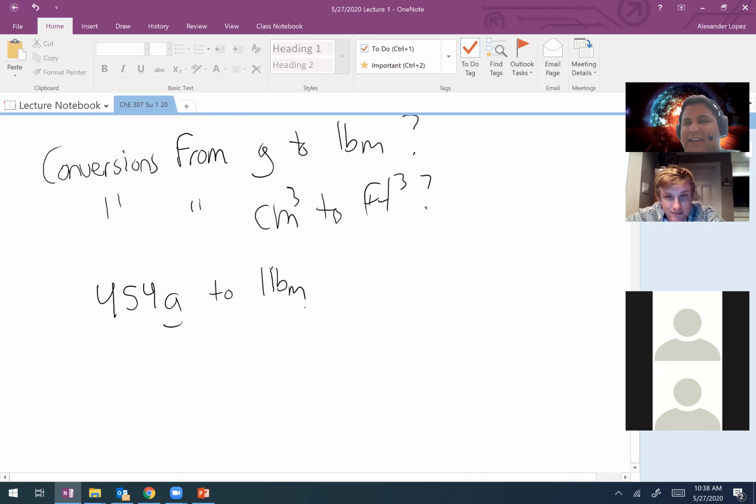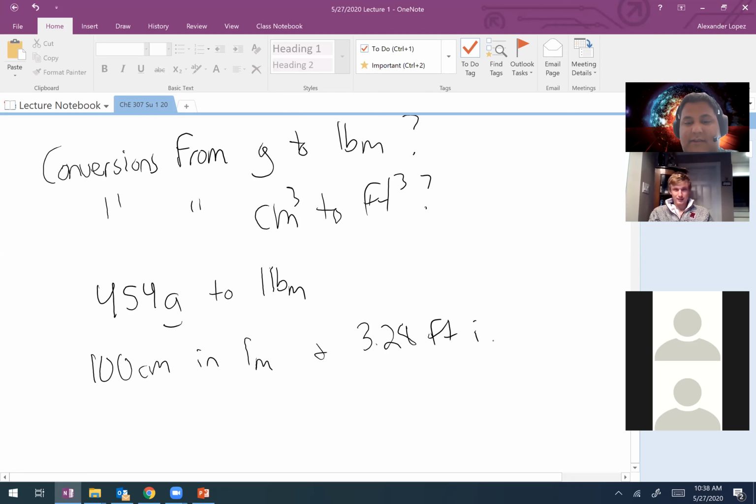Anybody? How about cubic centimeters to cubic feet? No? Well, I know there's 100 centimeters in 1 meter, and there's 3.28 feet in 1 meter.